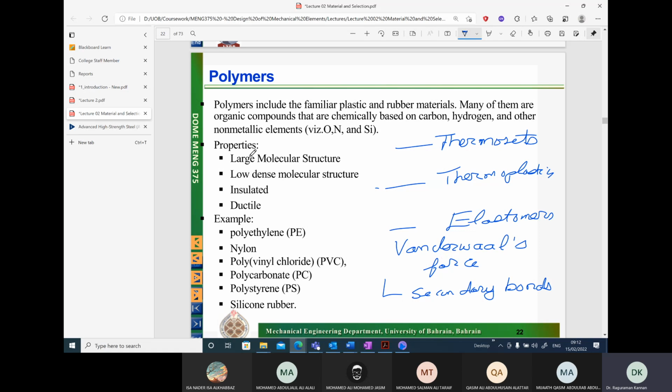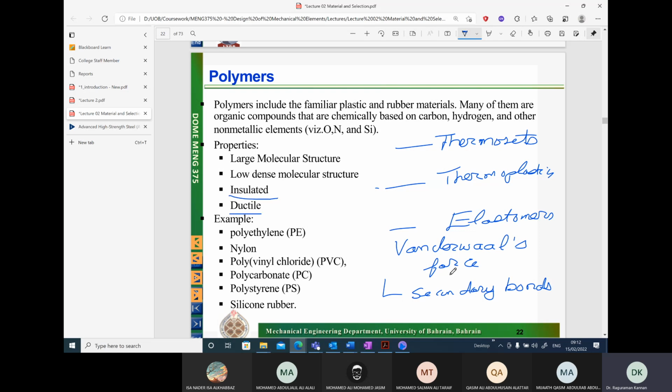So this is the dominant force within polymers, and because of that, your polymers can be easily bent into shapes with a very less amount of force in comparison to alloys or ceramics. Usually these materials are ductile and they have insulation.